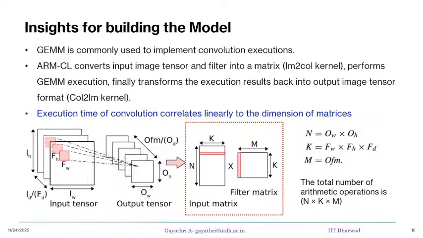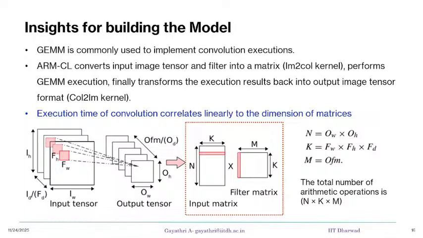If you see here, this is your input tensor, and this is your convolution filter. By implementation, ARM-CL converts this input tensor into a matrix, and the filter also into a matrix.